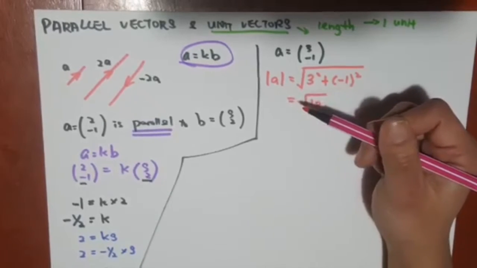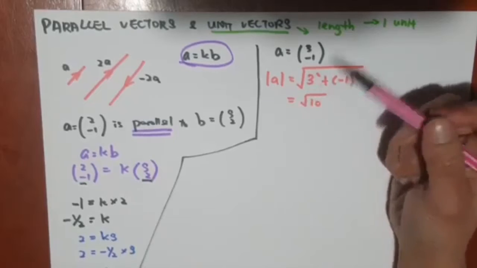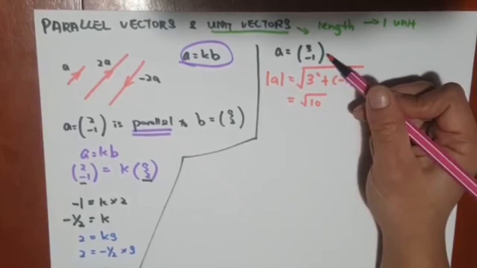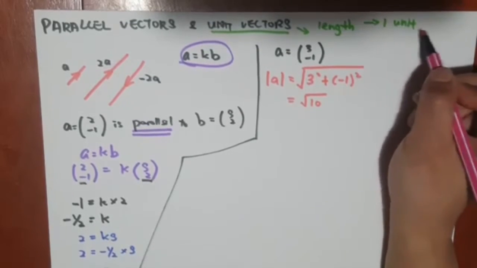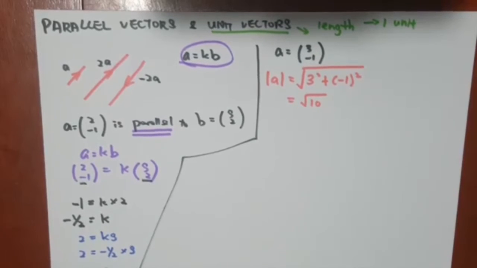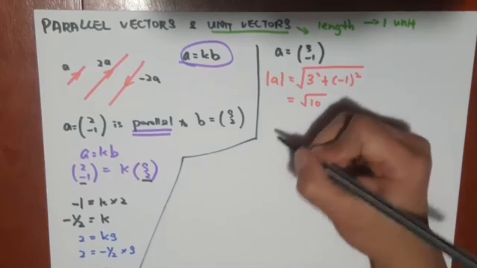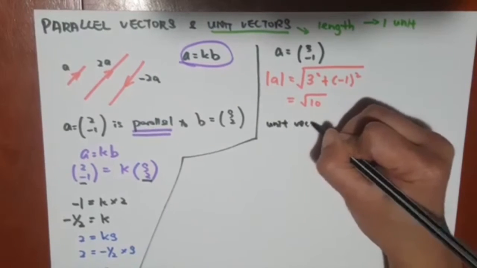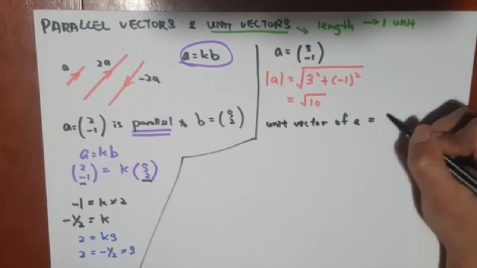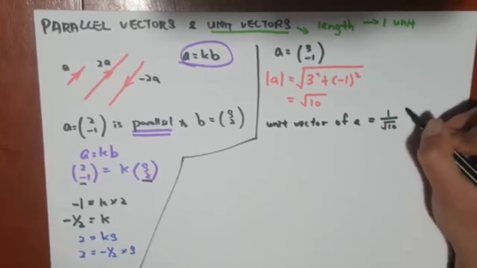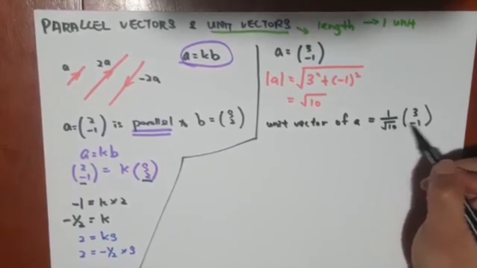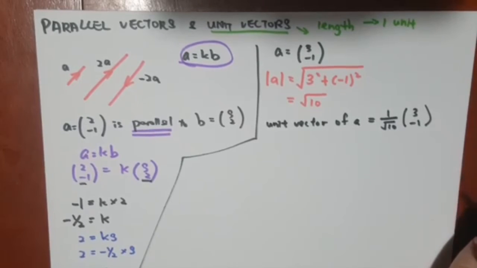This is the length of the vector, but because we want the length to be 1 unit, we have to divide this vector by square root 10. So the unit vector of A will be 1 over square root 10 times (3, negative 1). I can put it this way because this means that this vector will be divided by square root 10.